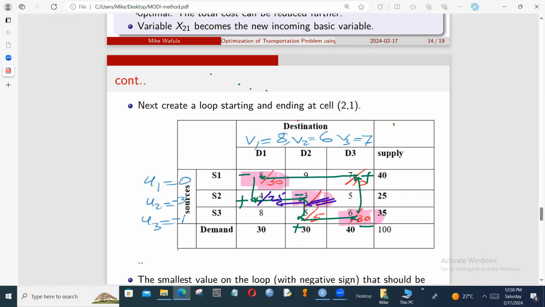But because this has a positive sign and has been allocated 25, it means any other cell with a positive sign should also receive 25 more. That's why we added 25 to this particular cell to be 30, to move from 5. We added to this, which was 10, 25 to be 35. And those are the only cells with a positive sign.